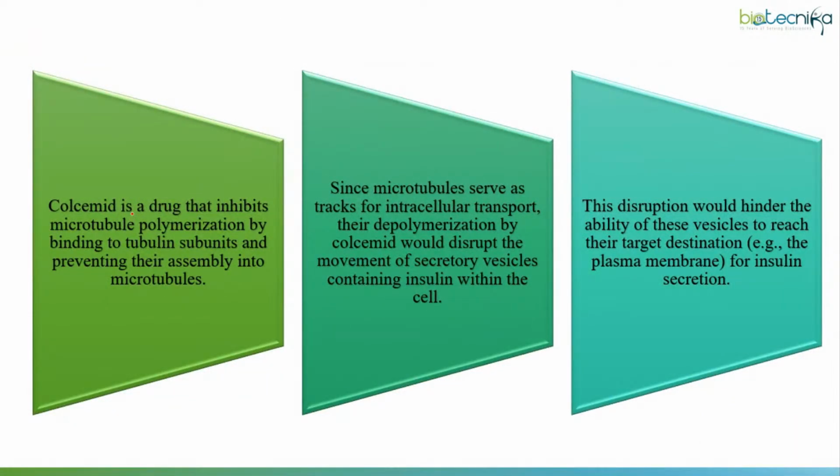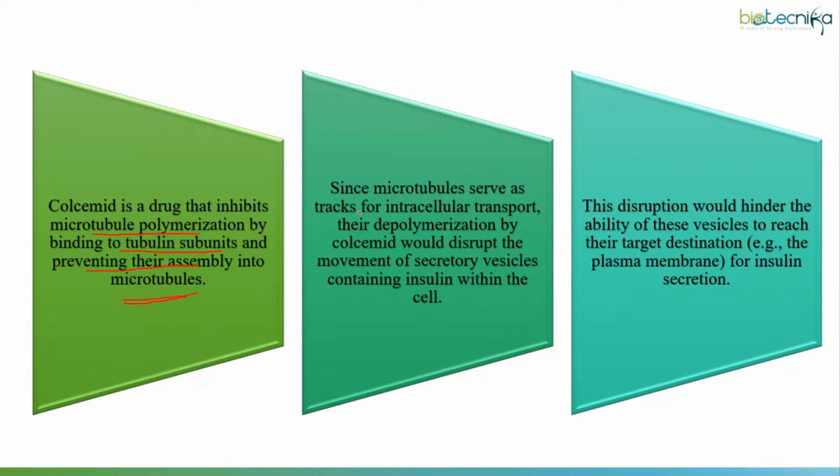See, it is a drug that inhibits microtubule polymerization. How? By binding to the tubulin subunits, that is your alpha beta subunits. So this in turn prevents their assembly into microtubules.